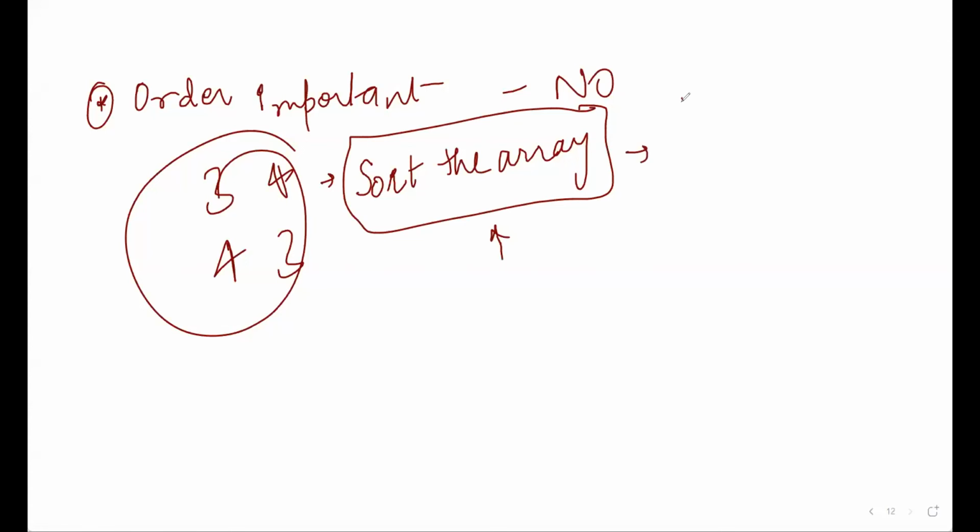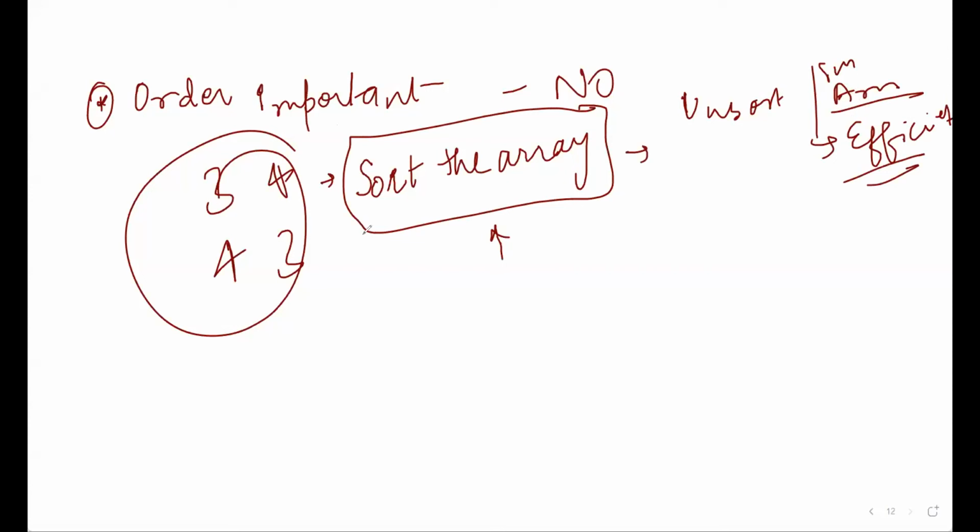And one more thing, the difference between an unsorted and a sorted array is that you can perform multiple operations on a sorted array much more efficiently. So whenever order is not important, sort the array. And looking at the time complexity, n is up to 10 to the power 5.